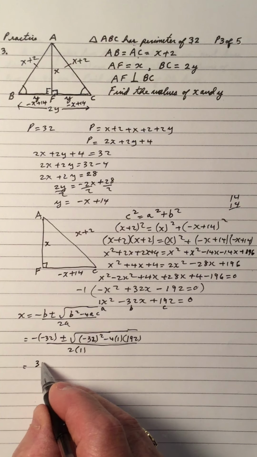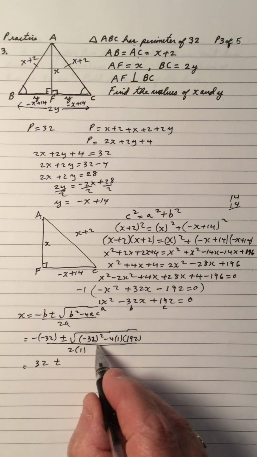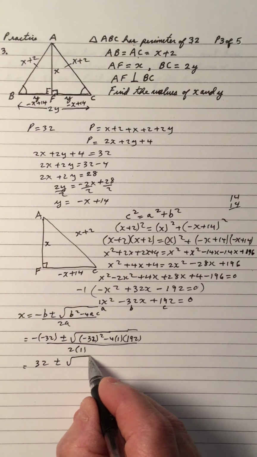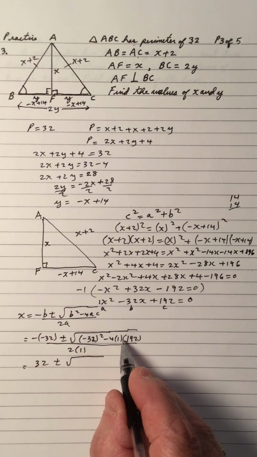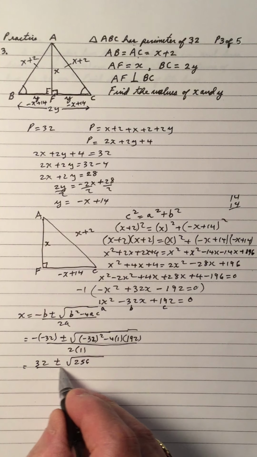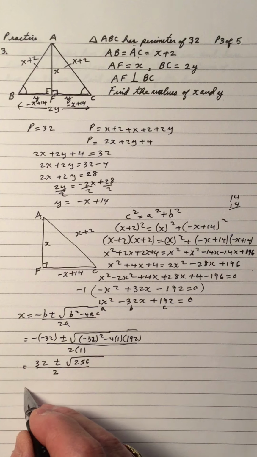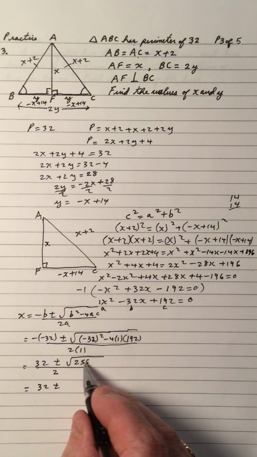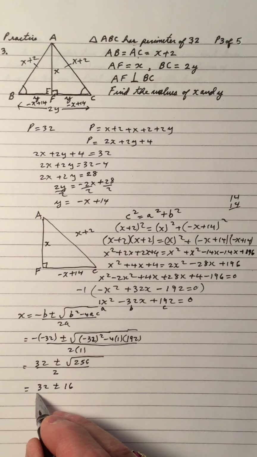So that gives me 32 plus or minus. If you plug this in the calculator, type it in exactly as you have it there, then you will get the square root of 256 all over 2. So that's 32 plus or minus 16 over 2.